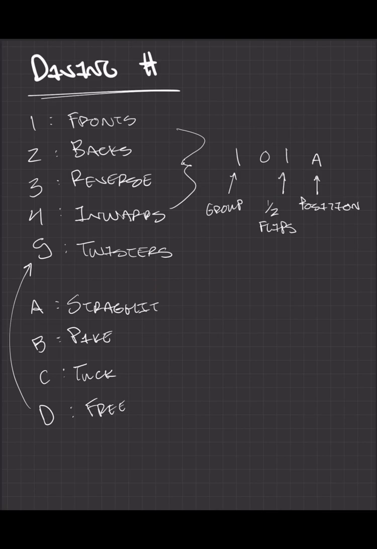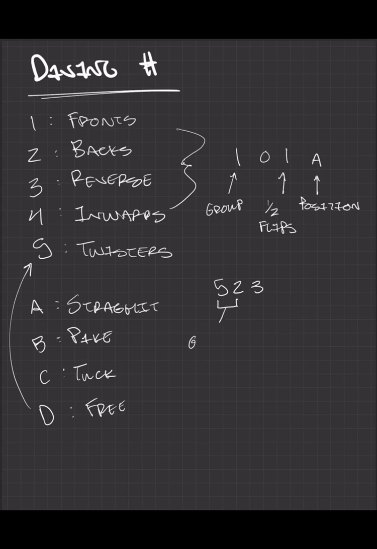Now twisters are a little bit more difficult to kind of get a hold of, but you'll always see twisters. You know it's a twister if it starts out with 5. And then after the 5, there will be any of these 4 numbers. So in this case, we'll just put back, right? So this is going to be a back twister of some sort. Then your next number is going to be, once again, your number of half flips. So in this case, we'll just put 3.